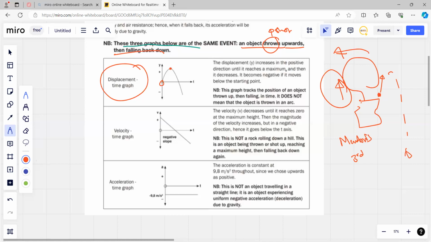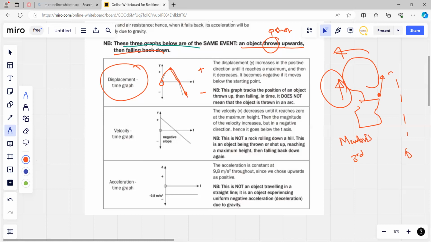When the displacement reaches maximum, it will start to decrease, going downwards in a negative direction. So in this situation, we look at upward as positive and downward as negative. That's why the displacement, when it moves upward, becomes positive, reaches a maximum, then moves downwards in a negative direction.